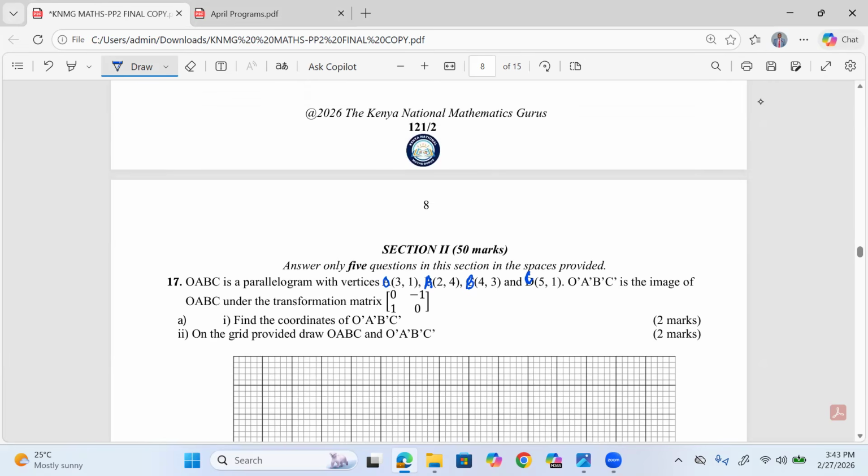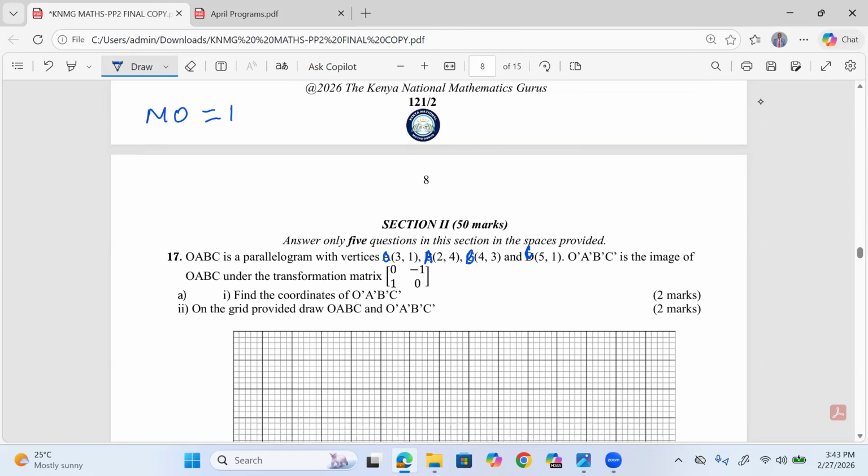We're supposed to recall that a matrix of transformation multiplied by the object gives us the image. So we write the matrix here, 0, -1, 1, 0. Then we write O, A, B, C with their coordinates as column vectors. O is 3, 1. A is 2, 4.